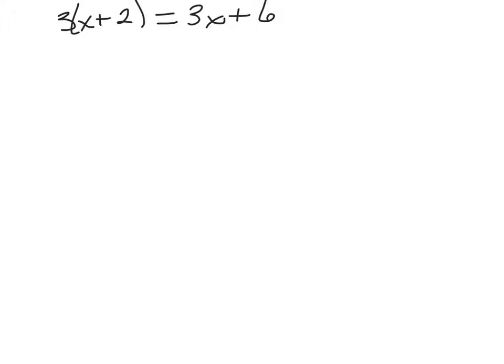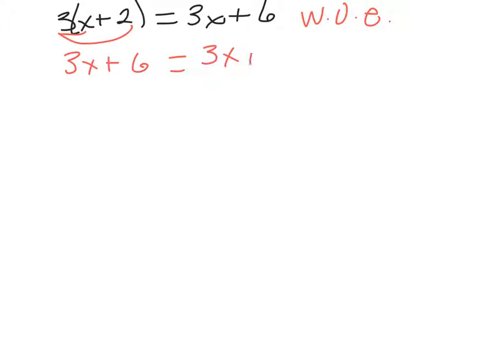With this problem, we have 3 times x plus 2 equals 3x plus 6. So we wrote the original equation down. Now we will use the distributive property here to get 3x right here, and then plus 6.